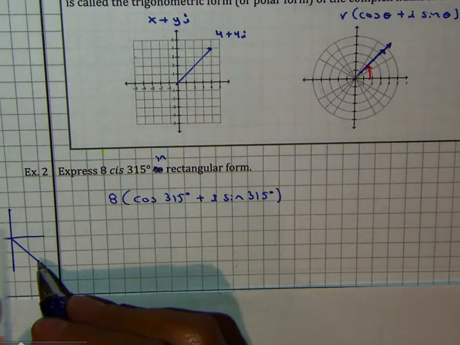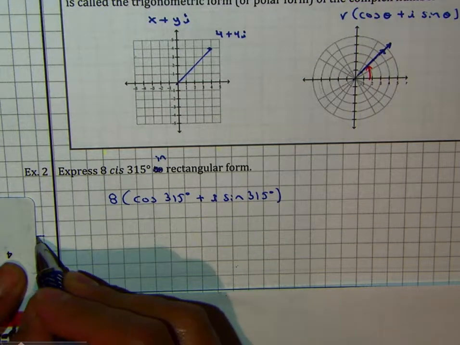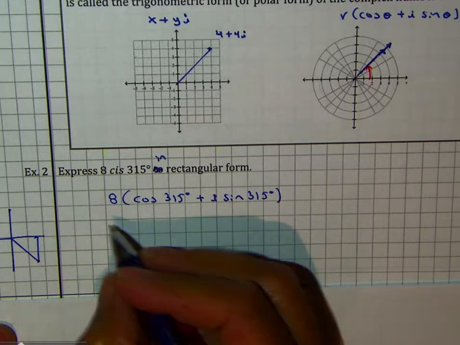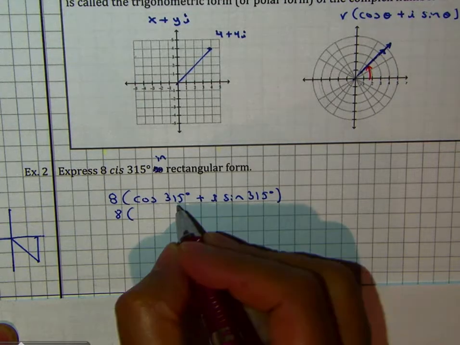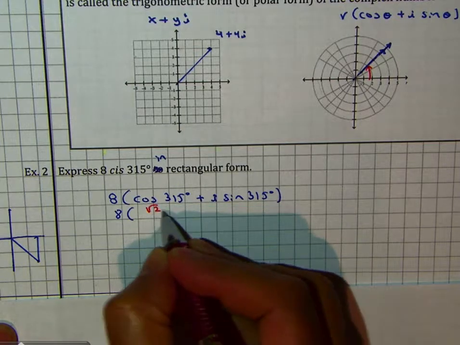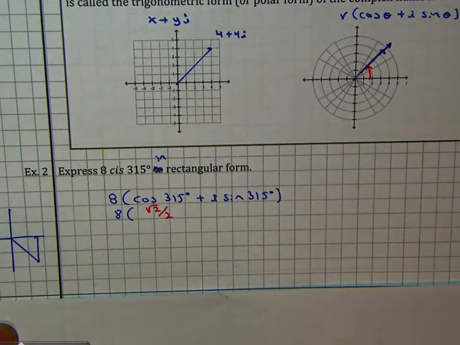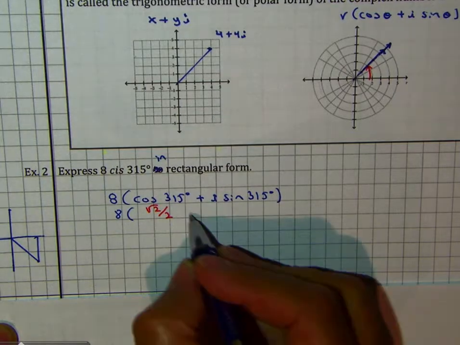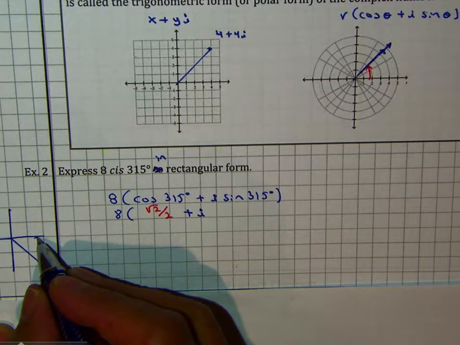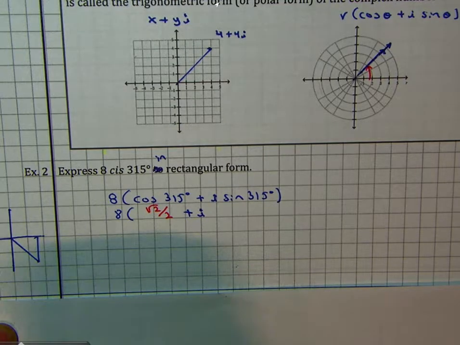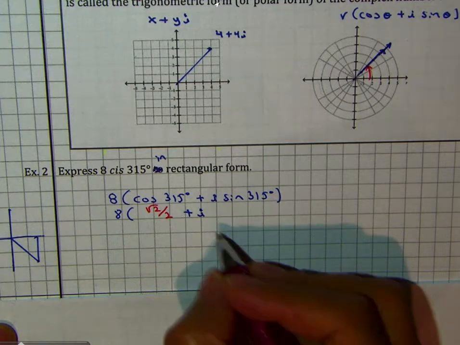Therefore your cosine will be your x value, which is square root of 2 over 2. So this will give me 8 times the cosine of 315 degrees, which is the square root of 2 over 2, plus i times the sine of 315 degrees, which, if they're the same length, will be negative square root of 2 over 2.